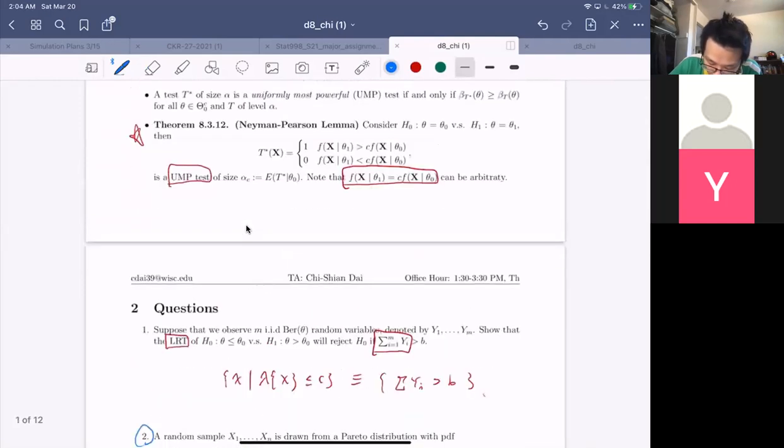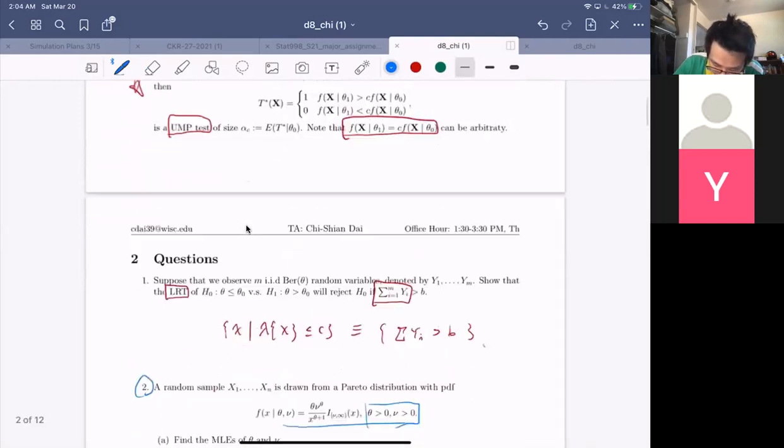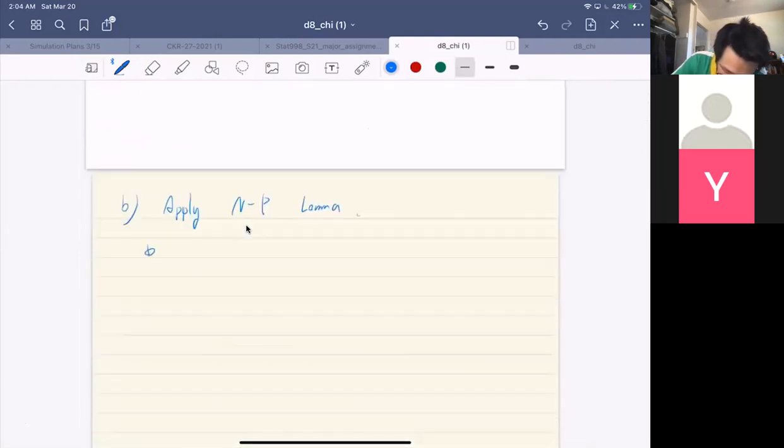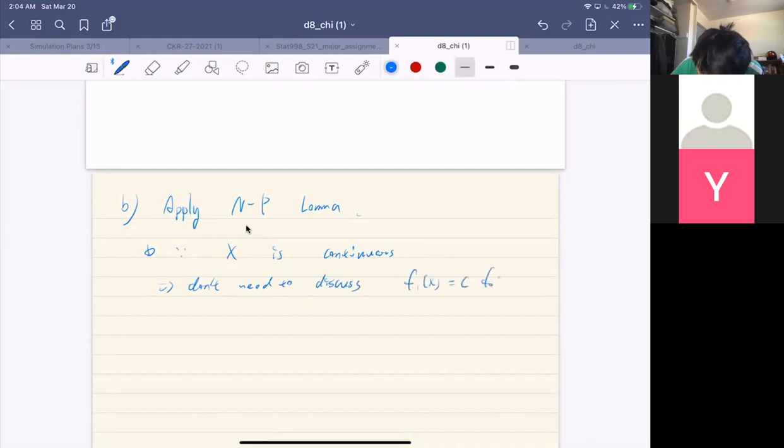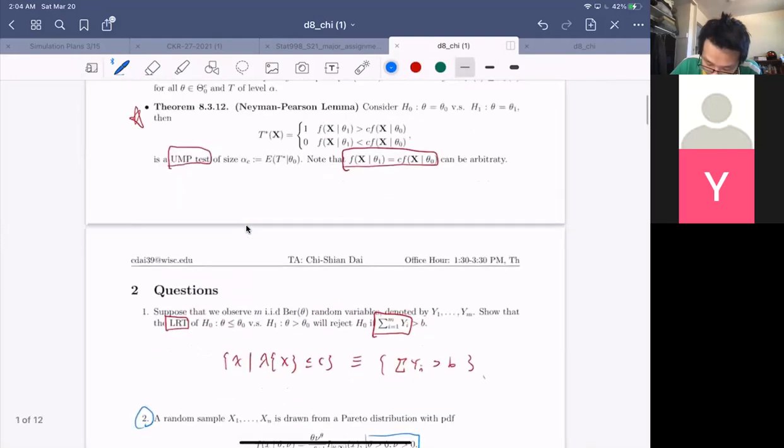First, because the beta distribution of x is continuous, we don't have to care about the equal term, so we don't need to discuss it.